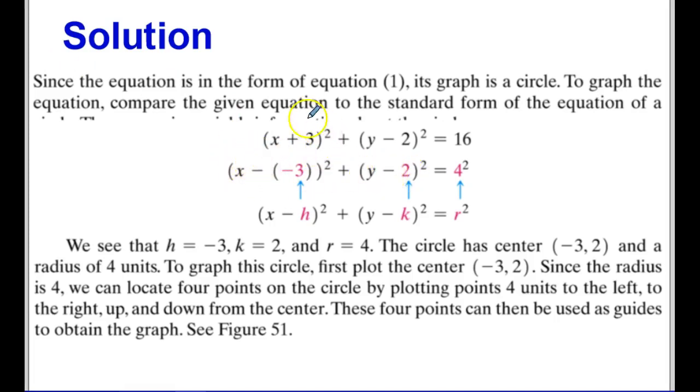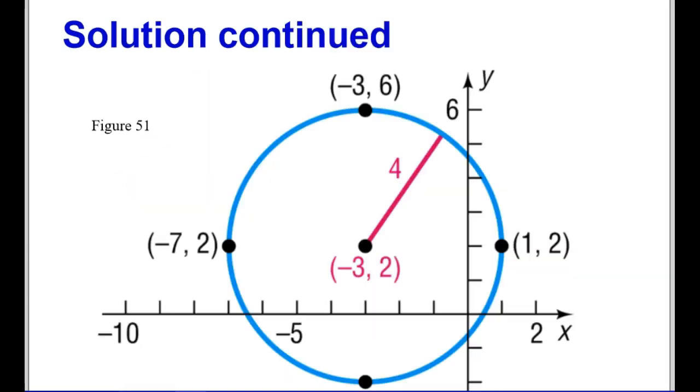Once I rewrite my equation in this form, I can deal with the square root of my constant term, because that will give me my radius. Now I have my h and my k and my radius. So I know that my center is at -3, 2 and my radius is 4. Now I just plot this point, find my radius of 4, and I can graph that entire circle.